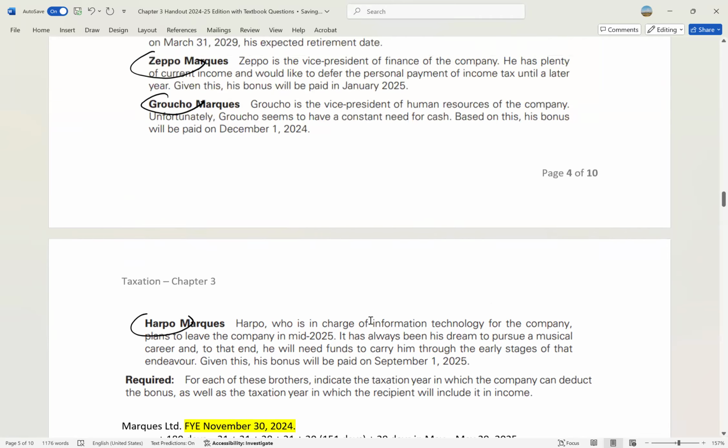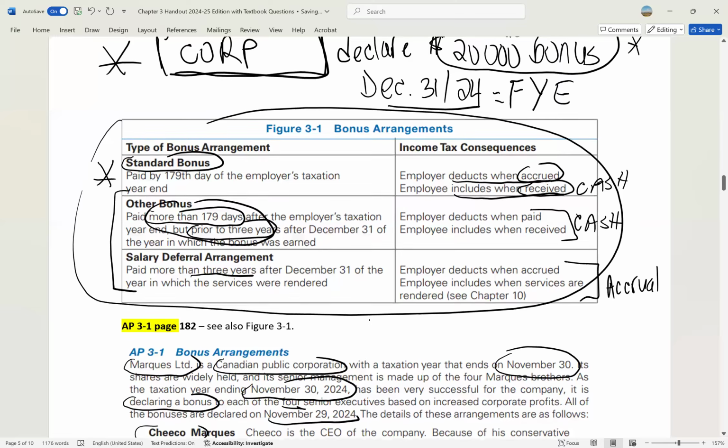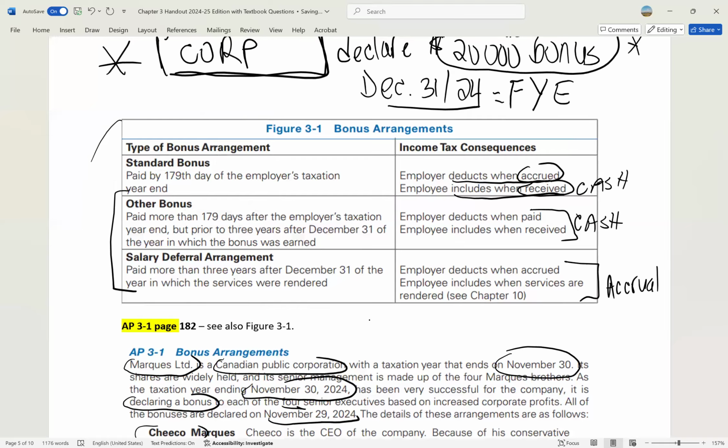The other relevant date, if we go back to the chart here, other than the 179th day, is prior to 3 years after December 31st of the year in which the bonus was earned. So even though this company has a November 30th year end, for this 3-year time frame, we go to December 31st of that year and then add 3 years.